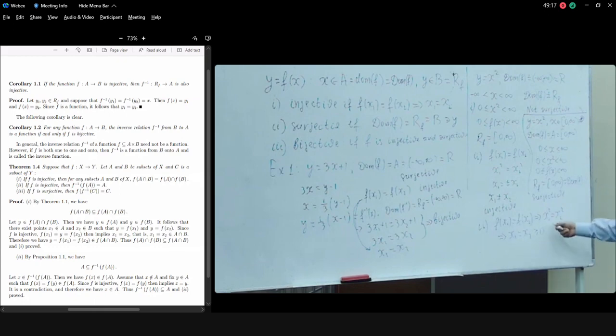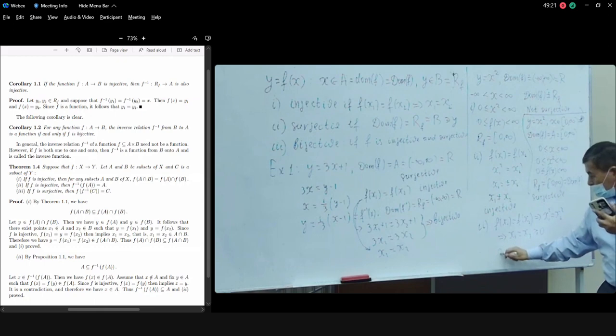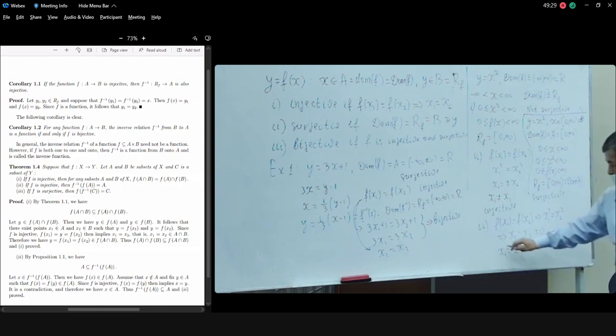And this solution gives only the positive one. The negative we cannot take. So we will take only the positive one because x2 is positive, so x1 is also positive. Sorry, this is plus minus x2, but I will take only one.